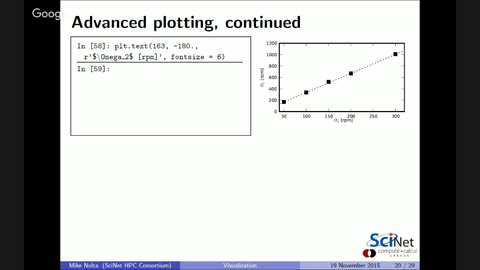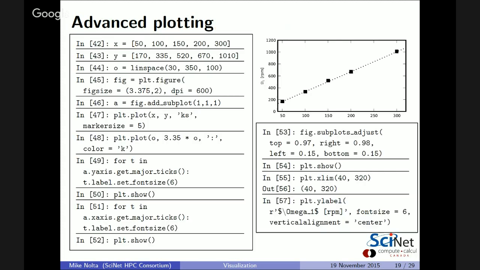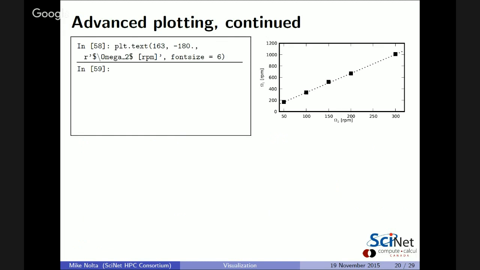Okay, likewise, X label, omega 2. Oh, sorry. You notice, this I did with Y label. But now I'm just going to write some text. So I could have done this with X label. Should have done this with X label. But for the purposes of this class, I'm going to do it with text.